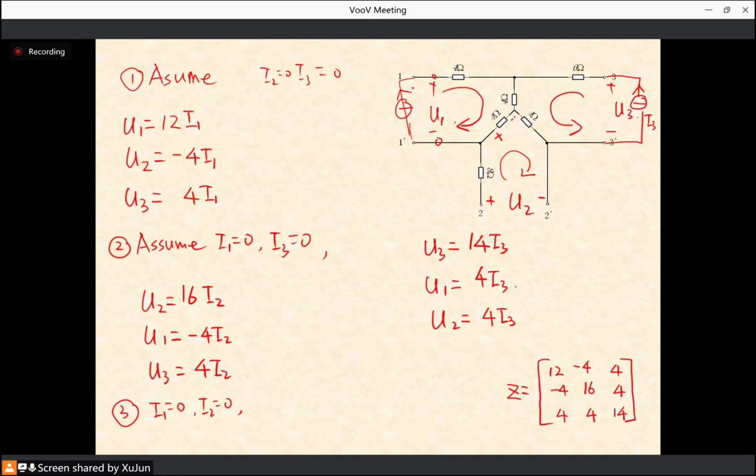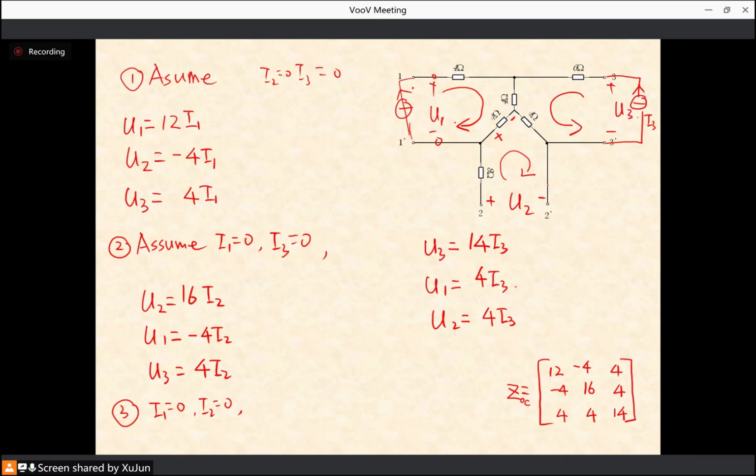U2 is this positive, negative, but the current flows from up to down. U2 is down, up, so it's minus. And this minus is also the same. So this is the GOC parameter for this passive 3-port network.